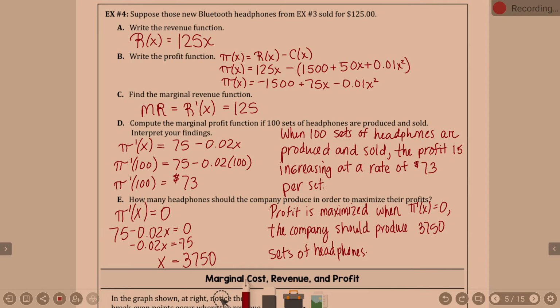That didn't make sense, but I just want to understand. No, I get it. Equal to 0. I'm trying to figure out how to put this in words. So we're trying to maximize profit, and the derivative of profit is the rate that it's changing.